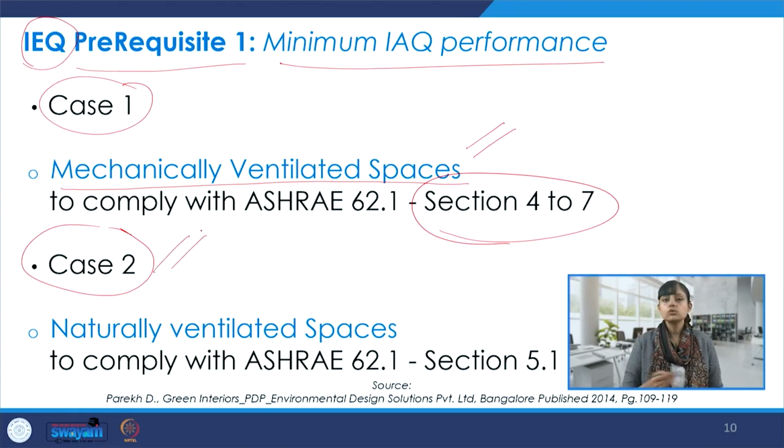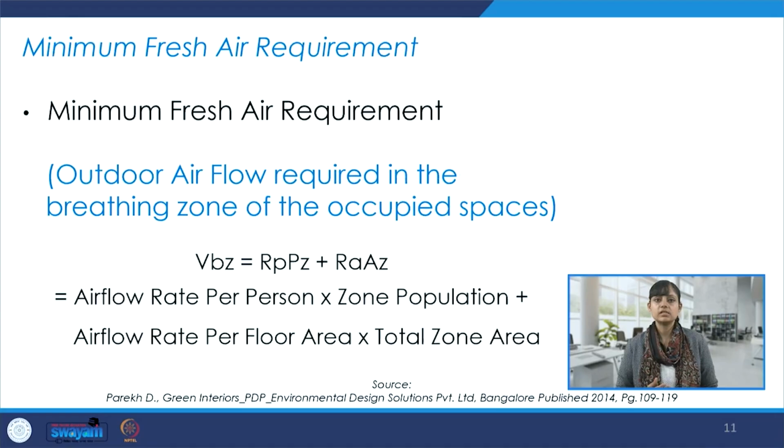Then there is case 2, which is for naturally ventilated spaces, and the compliance has to be achieved with ASHRAE 62.1 and section 5.1. So these are very important documents and references which can help us achieve green ratings for our interior spaces, and it can ensure health and well-being for the users.